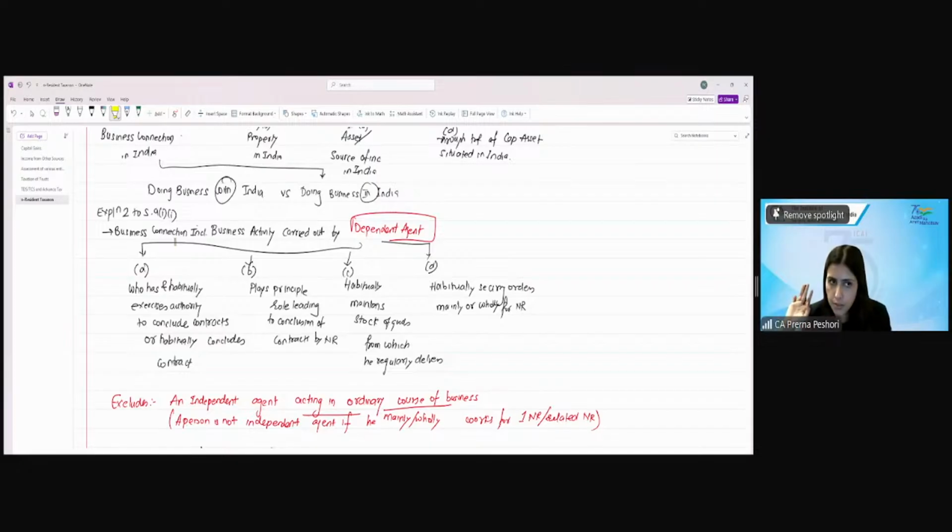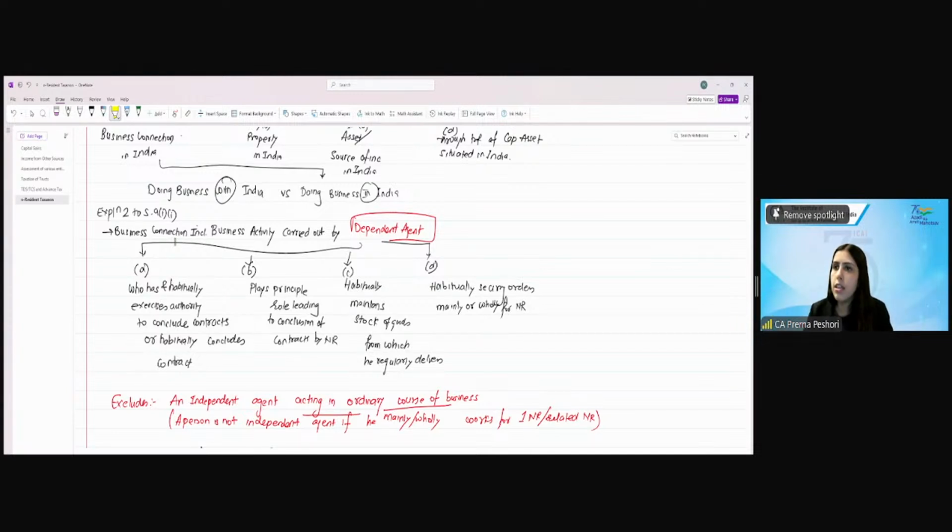Are we getting this point? So who has the authority to conclude the contracts or habitually concludes the contracts or plays a principal role leading to the conclusion of contract. Example, let's say there is a US company.